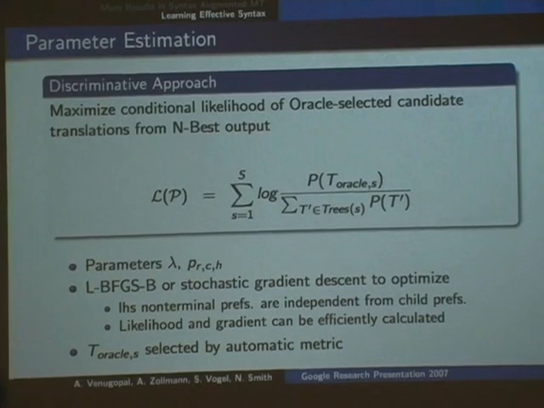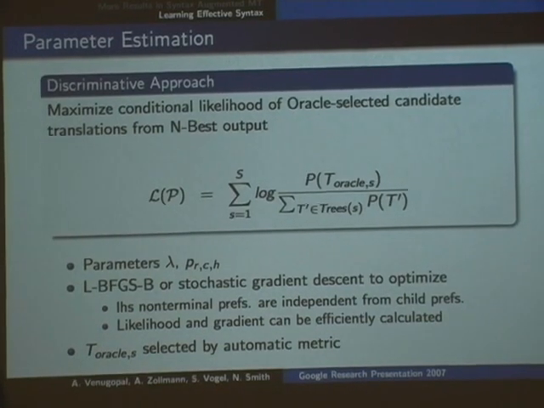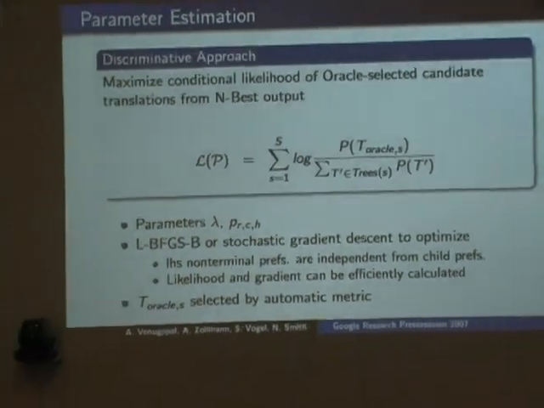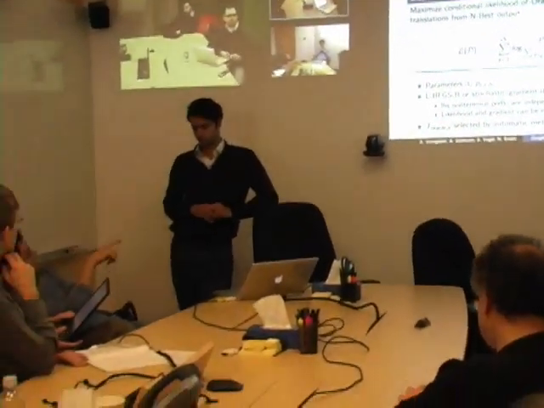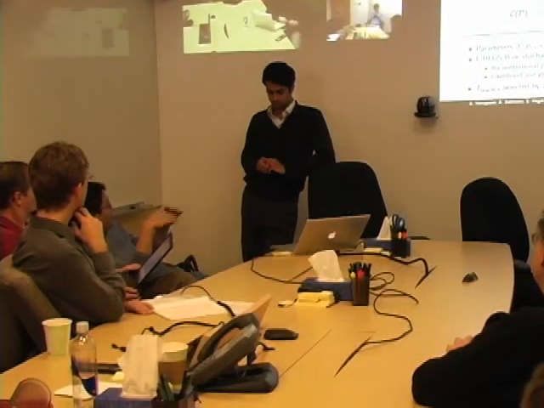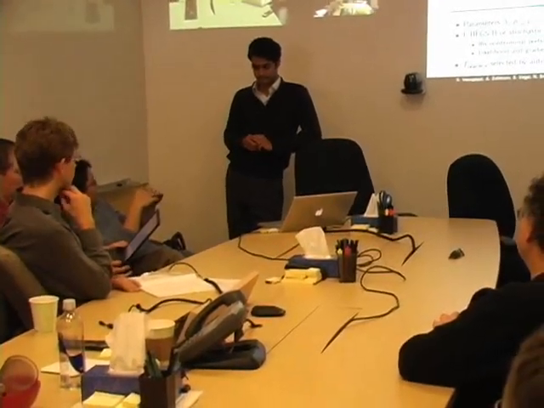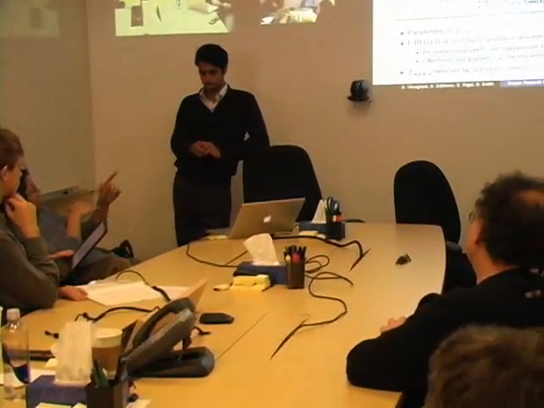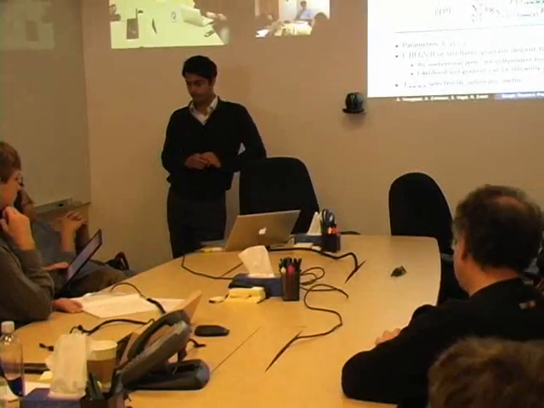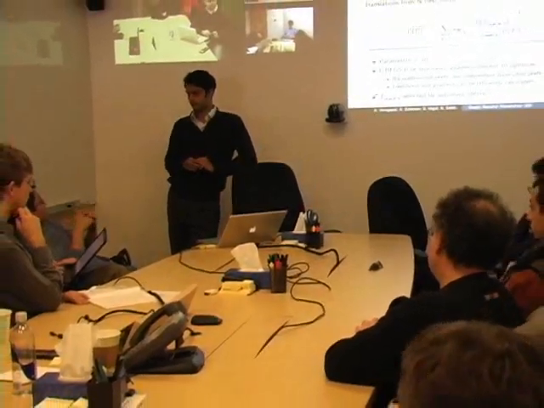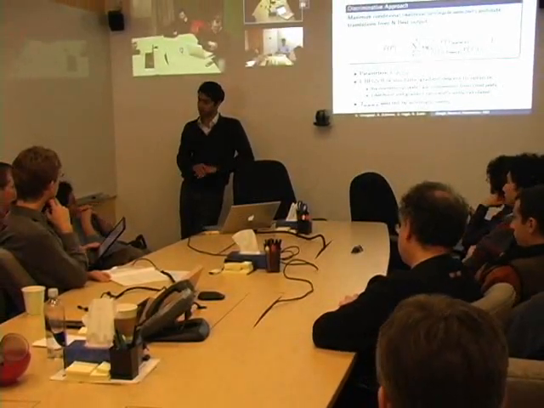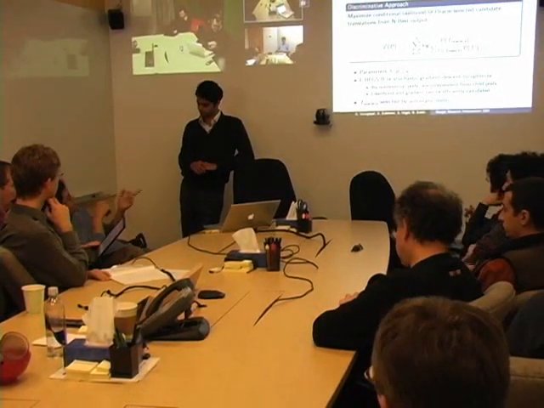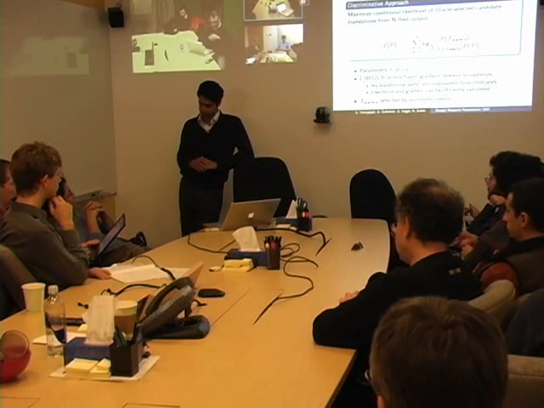Yep, one question here. The oracle tree and the trees that you consider, they're coming from completely different data, right? The trees that you consider are from the unlabeled data that you learn from the sentence pairs, but the oracle is still from the linguists who actually annotate. No, the oracle is simply a generic single non-terminal. But what you said, selected by an automatic metric, what do you mean by that?